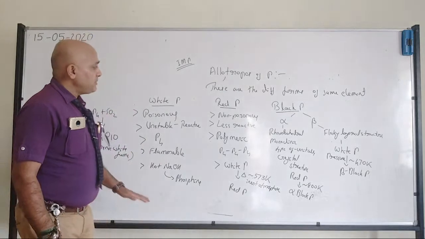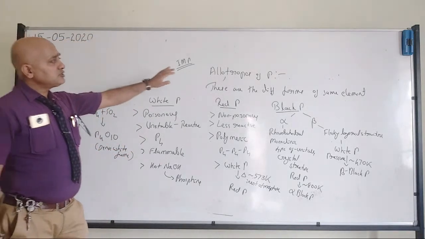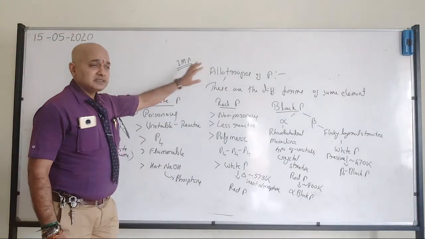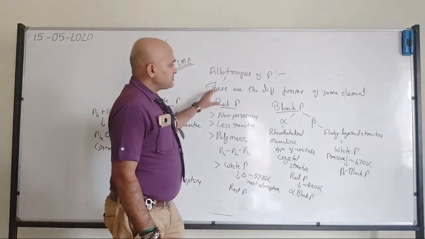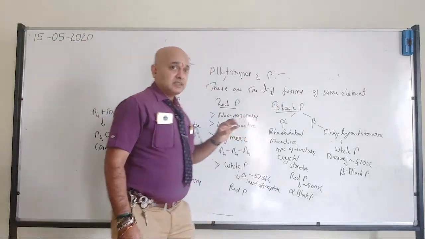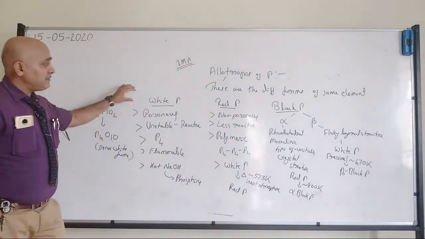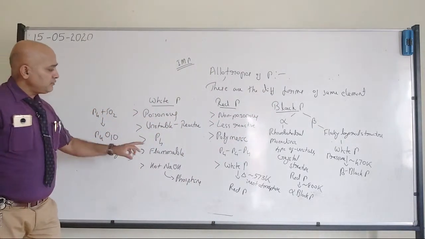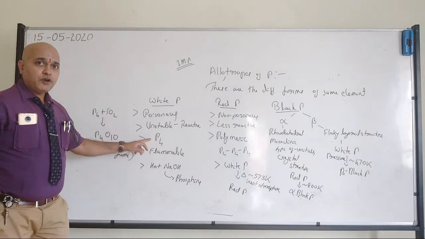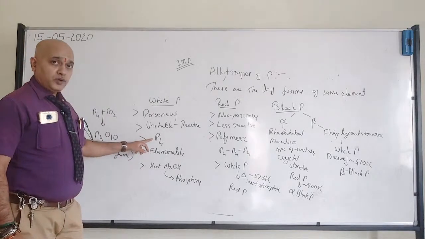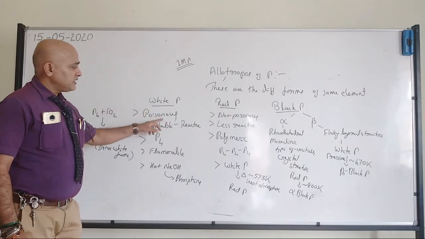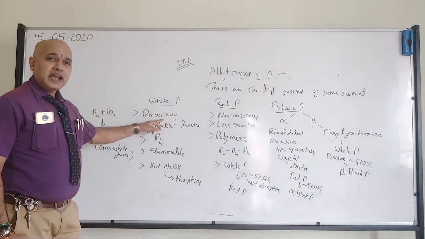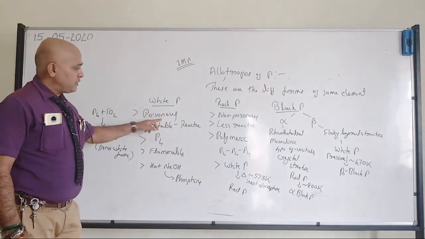So when it comes to allotropes of phosphorus, we have white phosphorus, red phosphorus, black phosphorus. White phosphorus is having formula of P4. And very important property is it is poisonous. Okay? Because it reacts with the lung proteins and all.